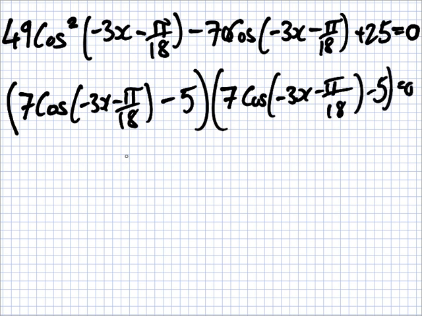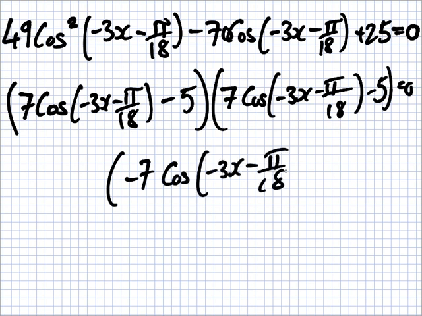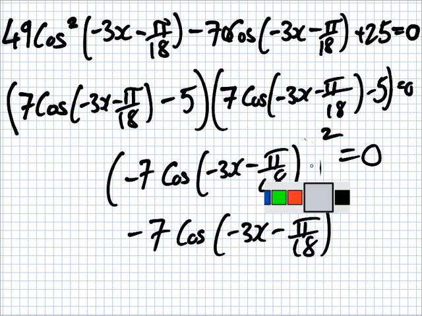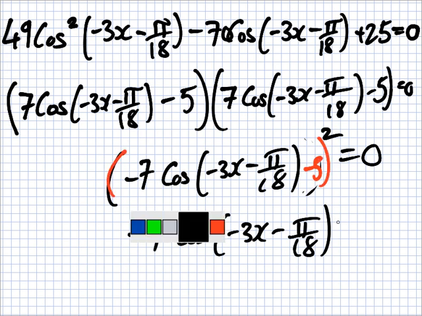So that basically means 7 cos of minus 3x minus pi over 18, minus 5, all squared equals 0. Which means 7 cos of minus 3x minus pi over 18, minus 5 equals 0.